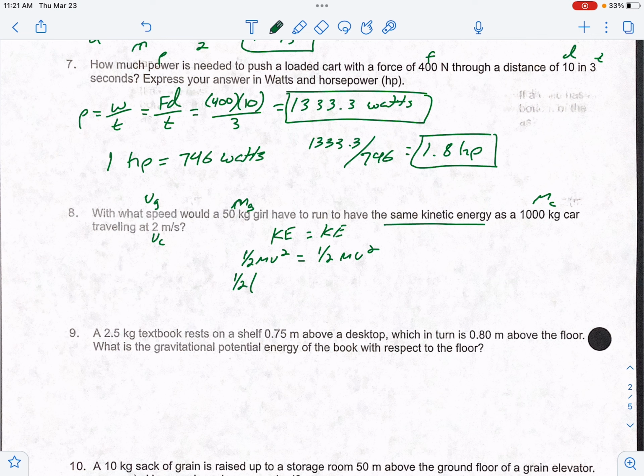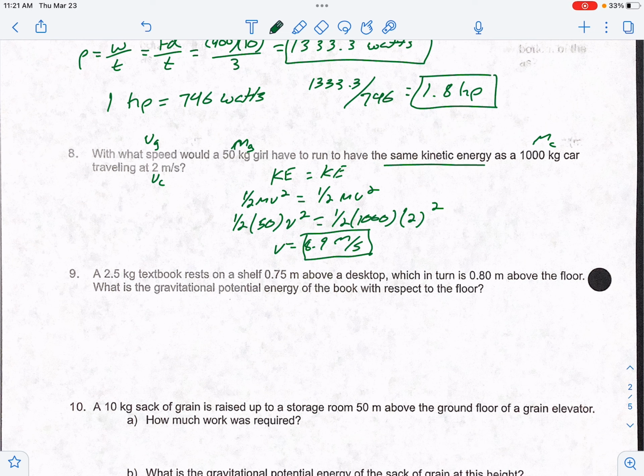So 1/2, the mass of the girl is 50, but I don't know the velocity of the girl, so I'm going to leave it as V. And then the car side, 1/2, my mass of the car is 1,000, times the velocity of my car, which is 2, and that's going to be squared. So be careful when you do this. Get V by itself and then square root both sides. And you should get a velocity of 8.9 meters per second.